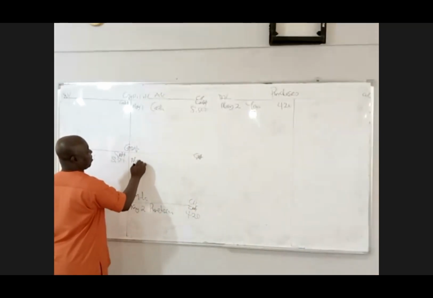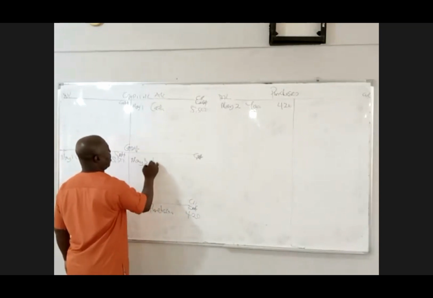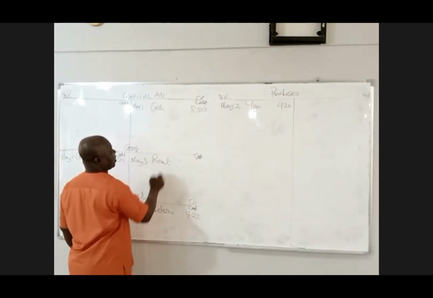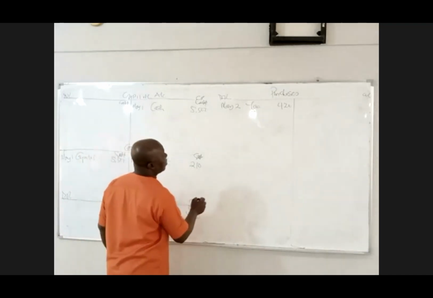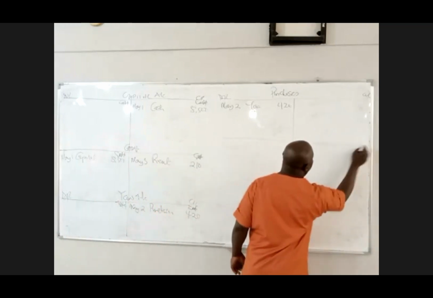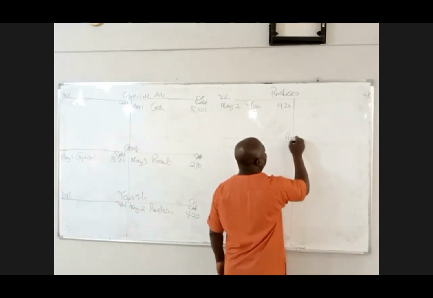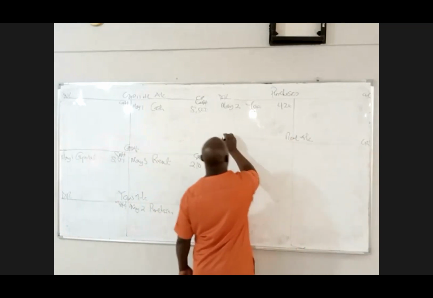So May 3, we have rent. How much? 210. Then you open your rent account. Credit, debit.